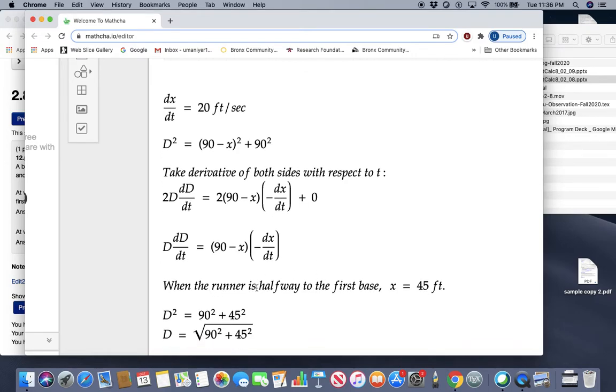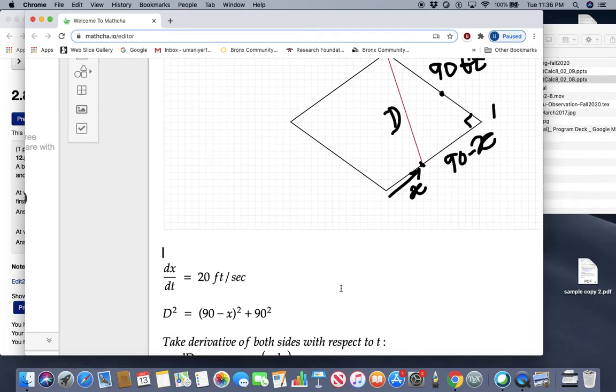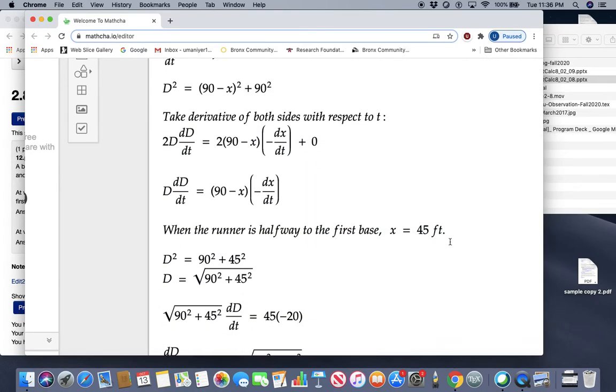Now, when the runner is halfway to the first base, the whole distance is 90, so halfway means 45. x is 45. So I'm going to plug in 45 for x. 90 minus 45 is 45 squared, plus 90 squared. I get capital D, the square root of all this. x is 45, dx/dt we are told is 20, so negative dx/dt is negative 20.